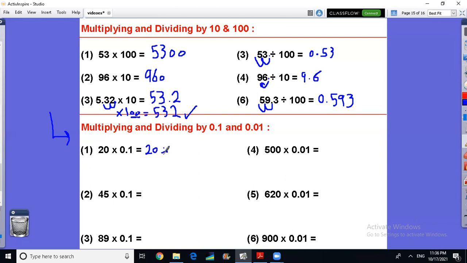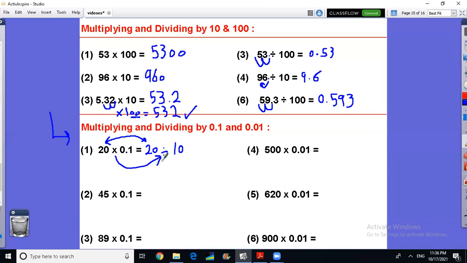divided by 10. Oh, what? 20 stayed the same. Yes, I just turned the multiplication into division. So 20 times became 20 divided by.